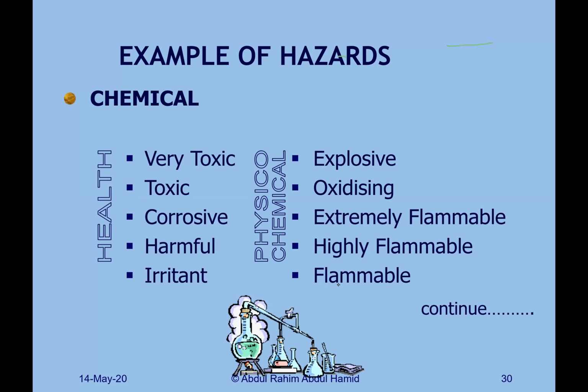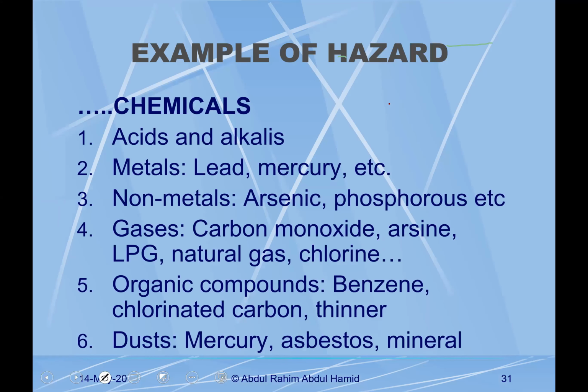And then chemical. Chemicals can be classified as toxic or explosive. Sometimes you are very familiar with a chemical, let's say thinner. Thinner is used a lot to dissolve paint, especially oil-based paint.